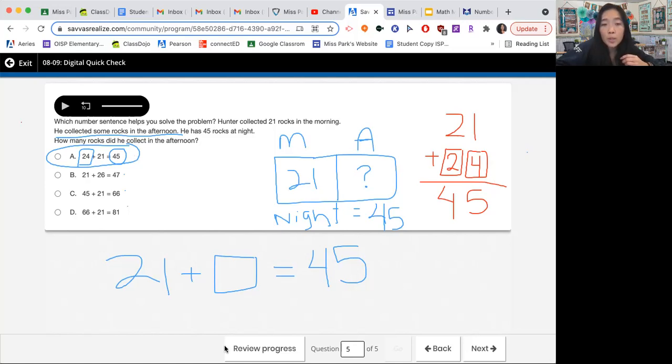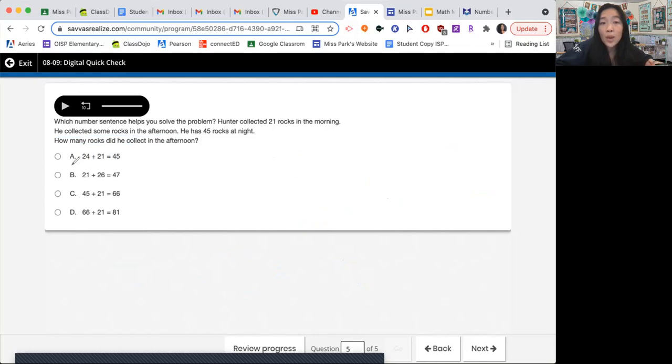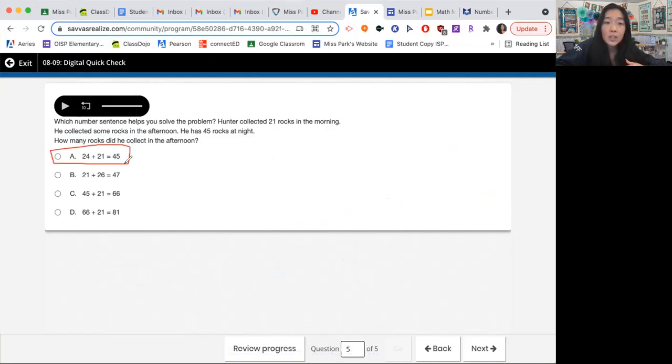You might notice, well, Miss Park, they switched it around. It should say 21 plus 24 equals 45, not the other way around. That's true. The way that we wrote it, it should say 21 plus 24. However, what did we learn about addition, guys? It doesn't matter which part comes first, the total will be the same.